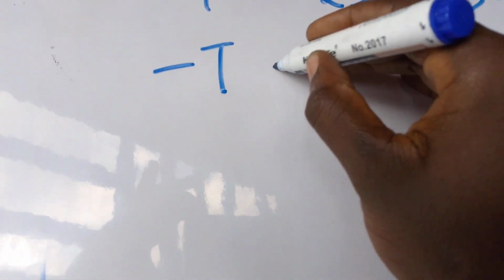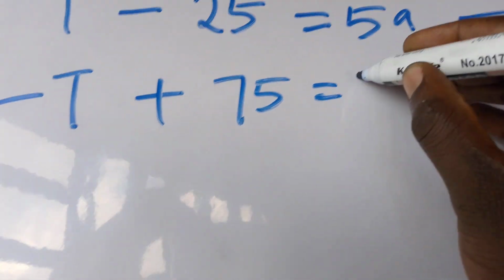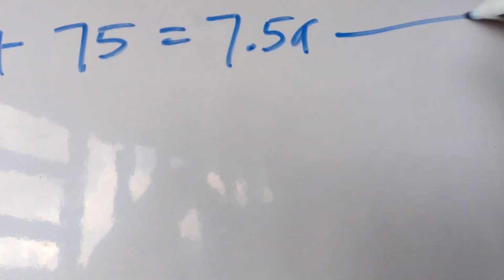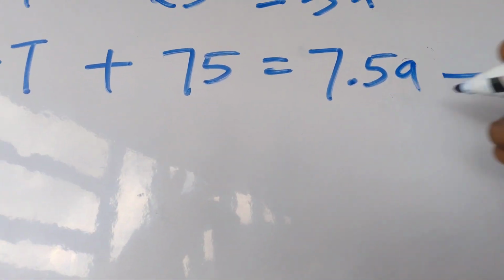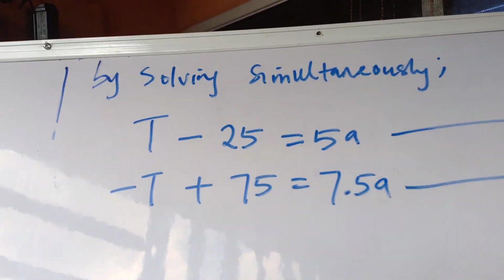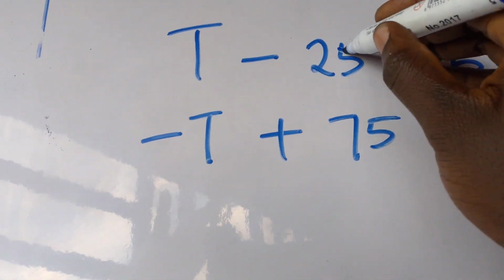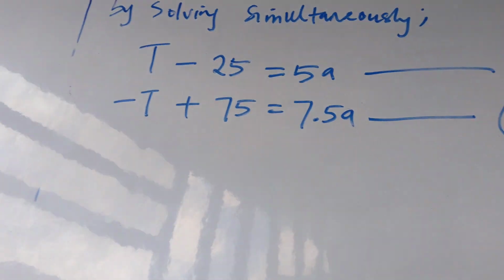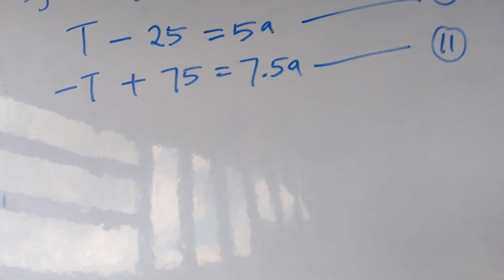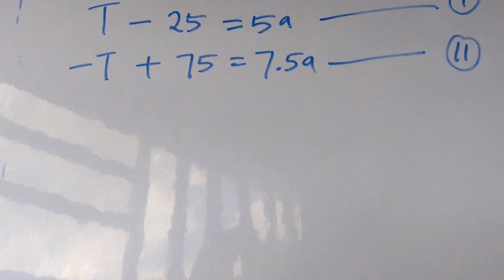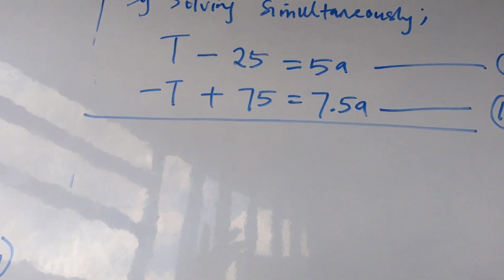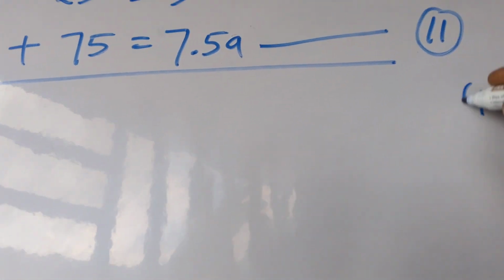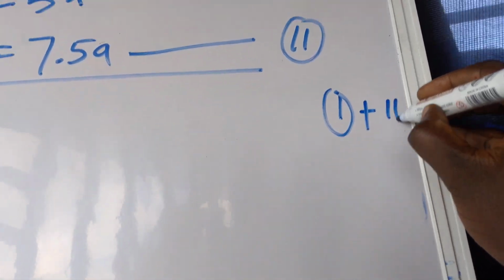Equation 2 is minus T plus 75 equal to 7.5a. Then I will use the elimination method of solving simultaneous equations, and say equation 1 plus equation 2.